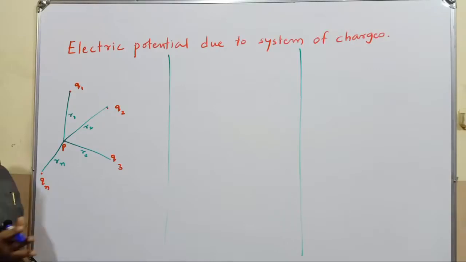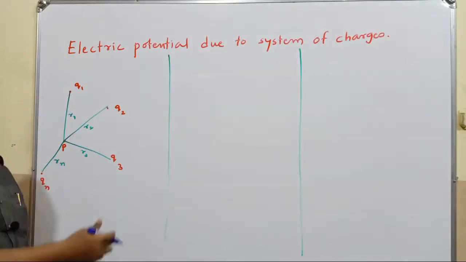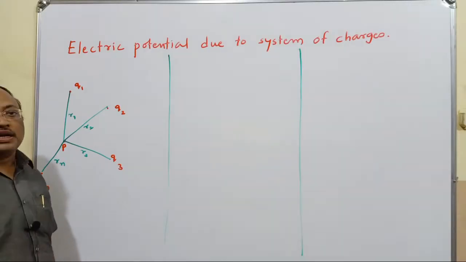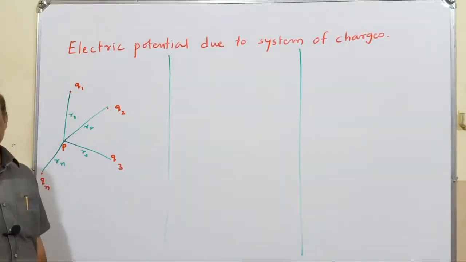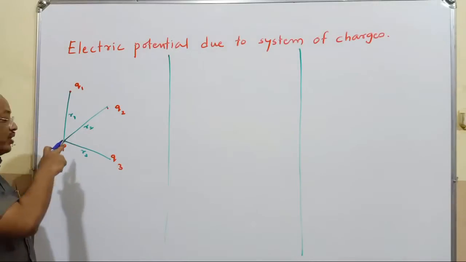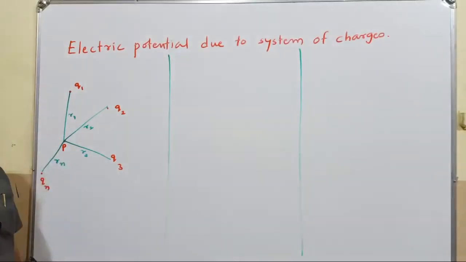In the previous chapter, we found somewhat similar expressions for electric force and electric field. Since they are vector quantities, we were doing vector addition to find the electric field or electric force at this point.